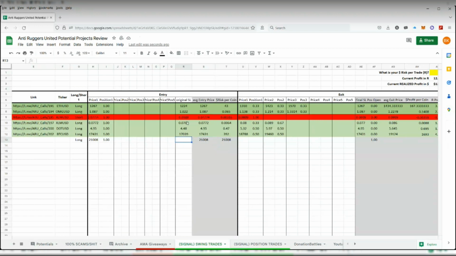So in original stop loss, you're going to put the stop loss. It's 19,332. So see, this shows you per coin, so per one BTC, you're risking $1,672. Does everyone understand that?